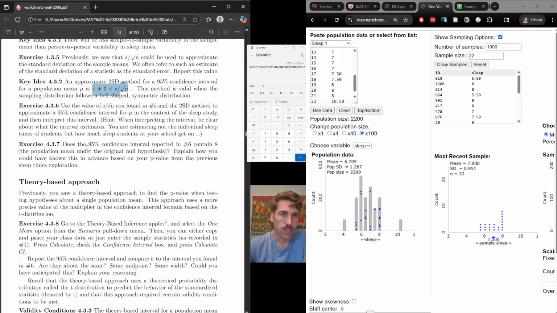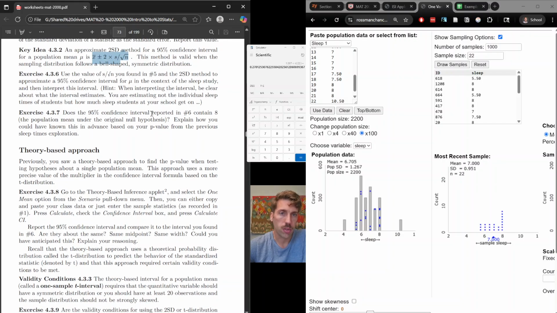Okay. So does the 95% confidence interval reported in number 6 contain 8, the population mean under the original null hypothesis? Explain how you could have known this in advance based on your p-value from the previous sleep time exploration. So remember how confidence intervals and p-values are related: the confidence interval is all the null values for a hypothesis where the p-value would not be small, so they're still plausible.